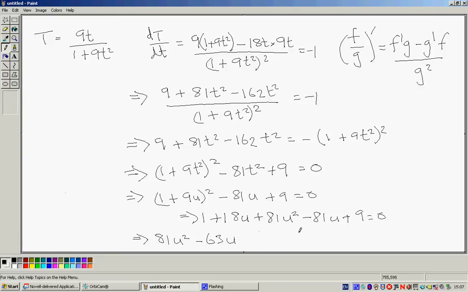Then we have 1 plus 9 is the last term, all equal to 0.